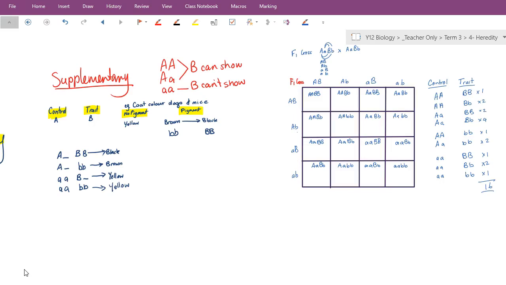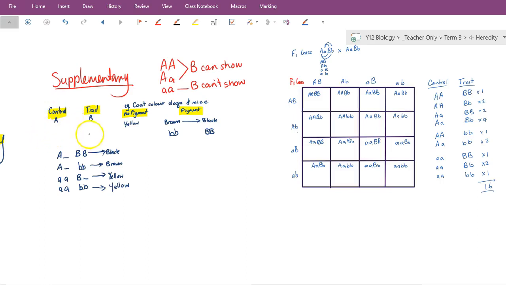So let's have a look at the supplementary relationship. Now, supplementary is all about A is a gene that controls whether or not B can actually show itself or not. If you don't have A making a protein, in other words, there's a big A gene there, okay, a dominant one. If A doesn't have a dominant gene there, then B won't work no matter what.